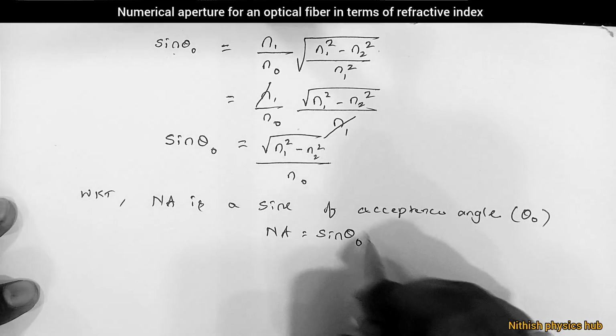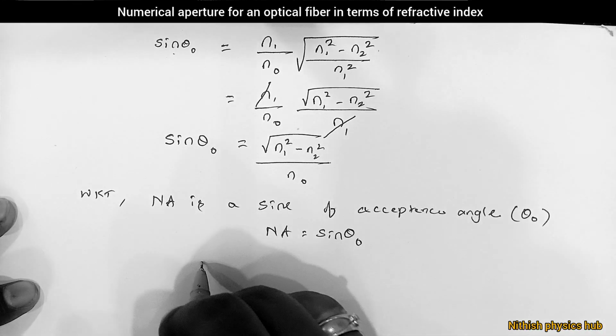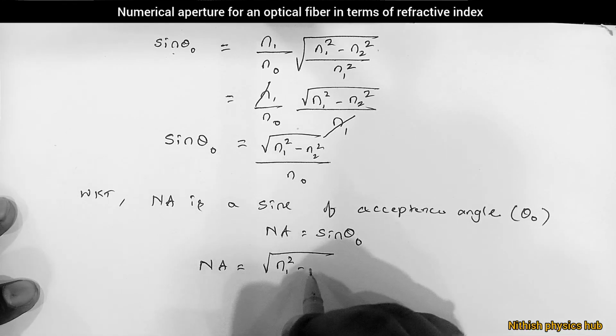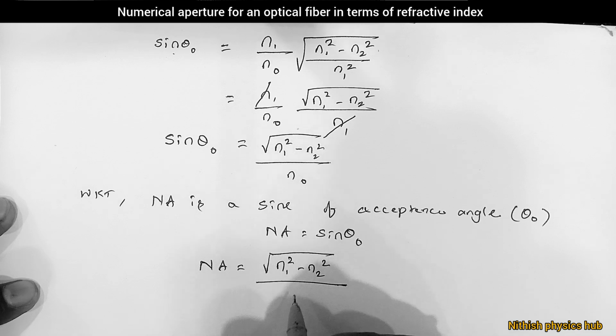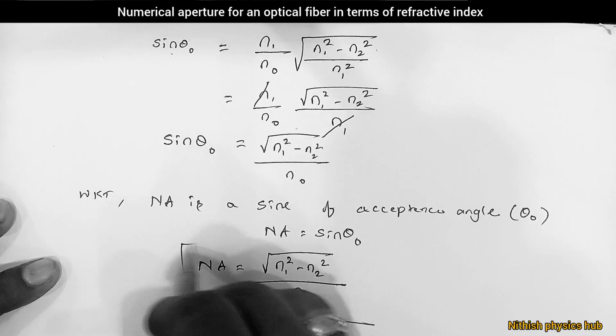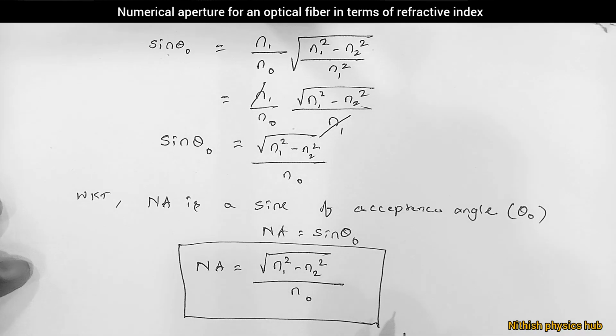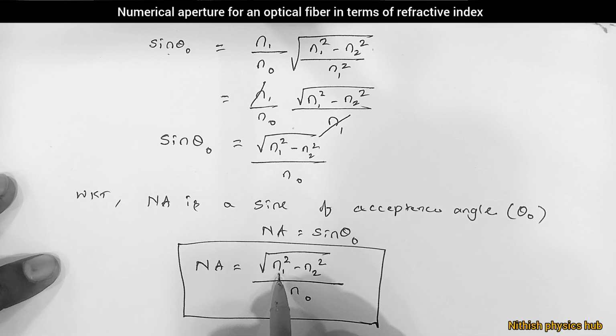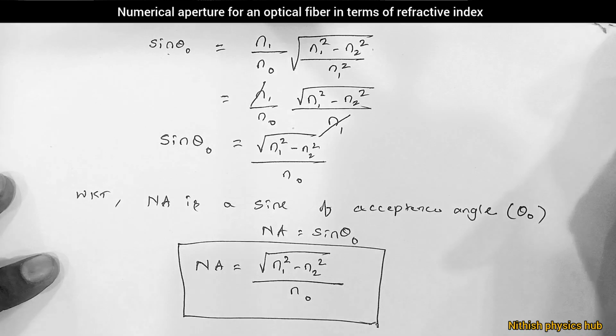If I apply this value in the previous equation, then numerical aperture can be given as the square root of n1 square minus n2 square divided by n naught. So this is the equation which represents the numerical aperture for a given optical fiber, where n1 stands for the refractive index of the core medium, n2 represents the refractive index of the cladding medium, and n naught is the refractive index of the surrounding medium.